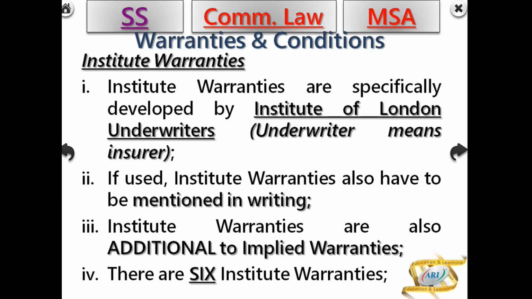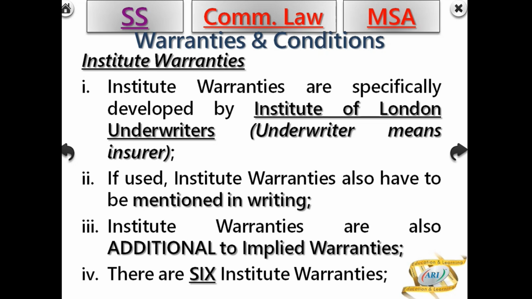But again, the point is, institute warranties will also be additional to the implied warranty. It is not in sequence. Basic is implied warranties, that is always there. Over and above, it can be express warranties with no institute warranty.